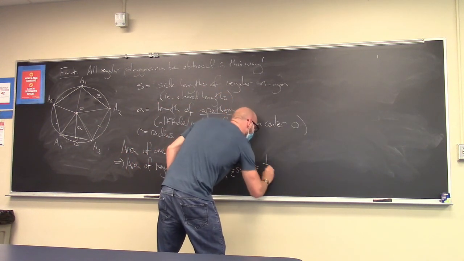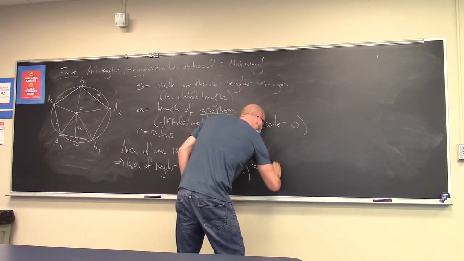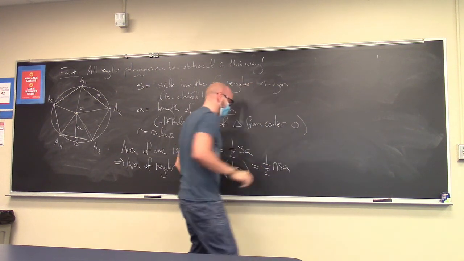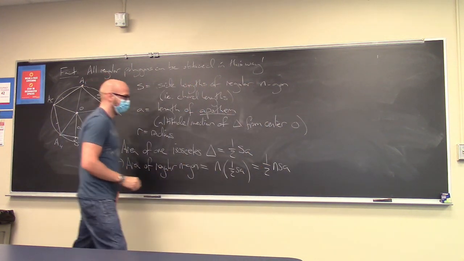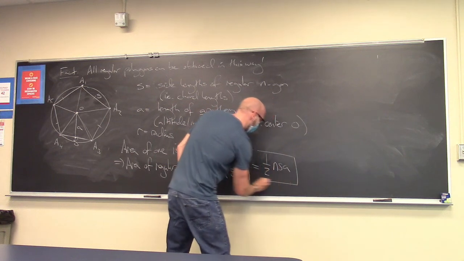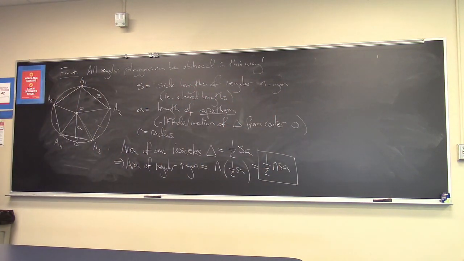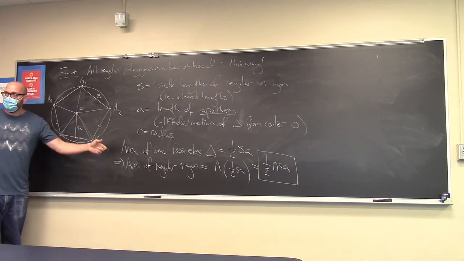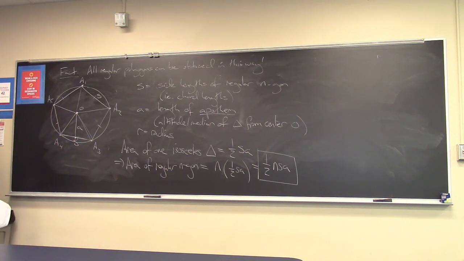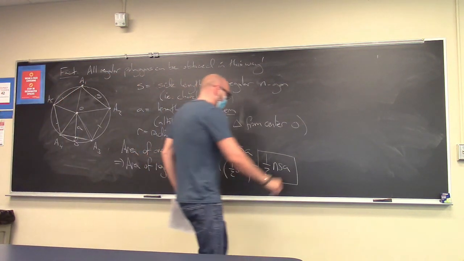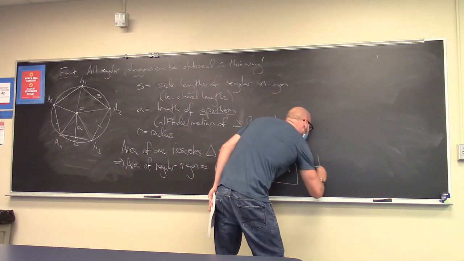Or rearranging that so it looks a little prettier, 1/2 n SA. So this is where this apothem comes from. This is why people talk about it, because it's a really nice way of expressing the actual area of one of these regular n-gons. And you'll sometimes see this written slightly differently.